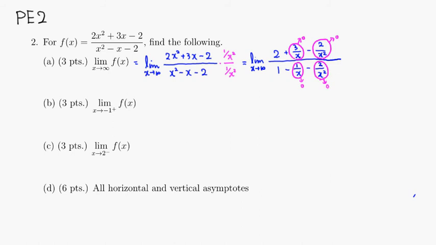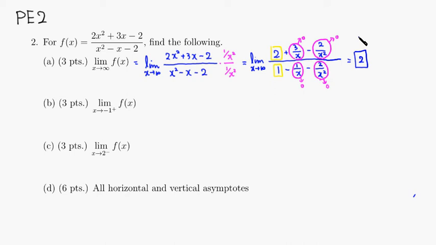So you can see that there are only a couple of numbers left, 2 on top and 1 on the bottom. So 2 over 1 is going to be equal to 2. So that's that.